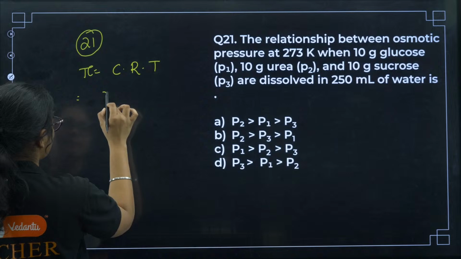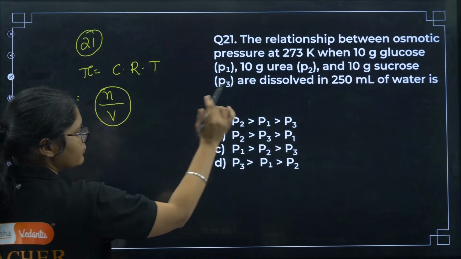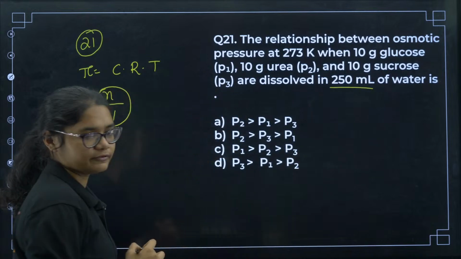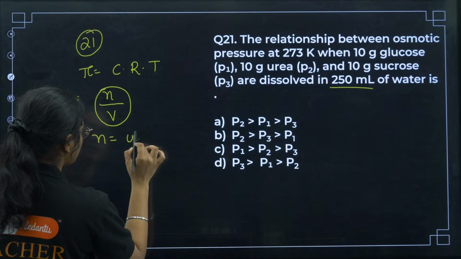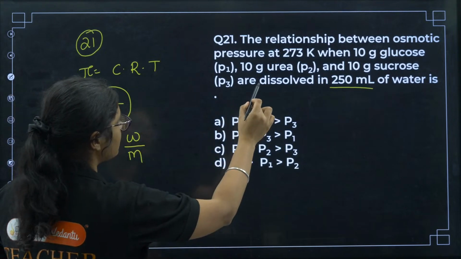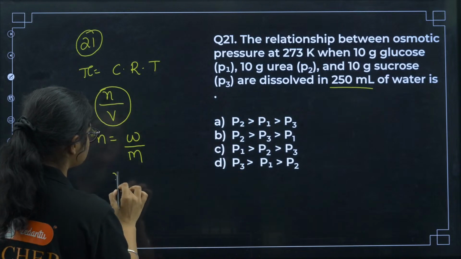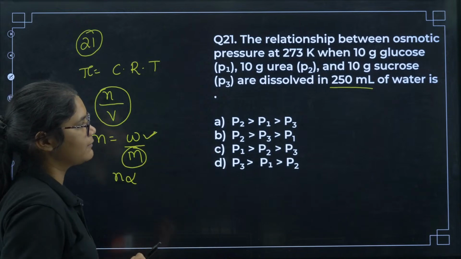C is equal to number of moles by volume. Volume is the same in all cases, that is 250. Now what is number of moles? Number of moles is given mass by molar mass. So number of moles is inversely proportional to the molar mass, because the mass is constant, it is 10 gram for everything.